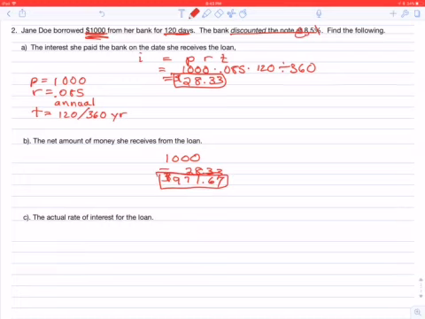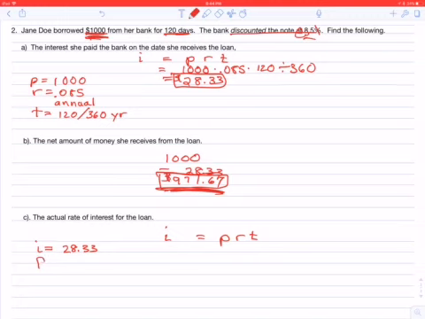Well, they advertised an 8.5% interest, but that was on the $1,000. We want to find the rate of interest that she's paying on the money that she actually got, on the $971.67. So again, I'll use the simple interest formula. And I'll substitute what I know. I know that the interest that she paid was $28.33.